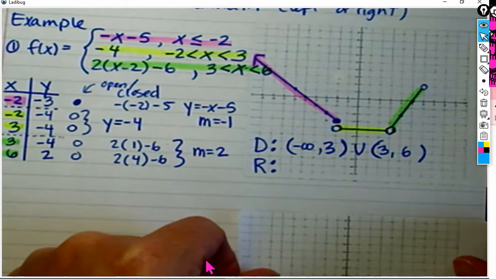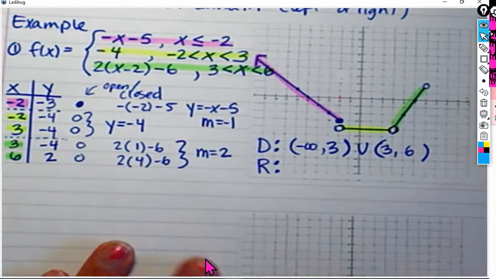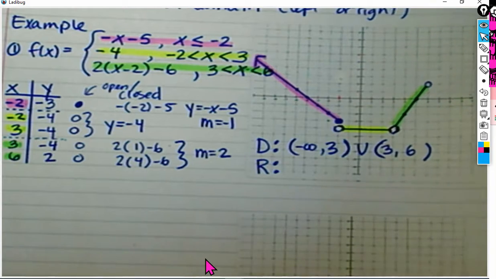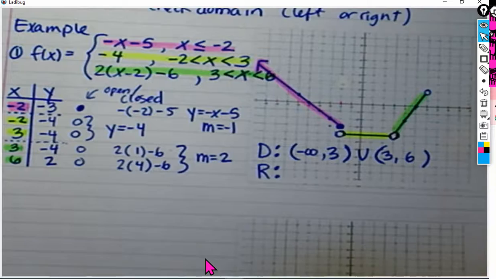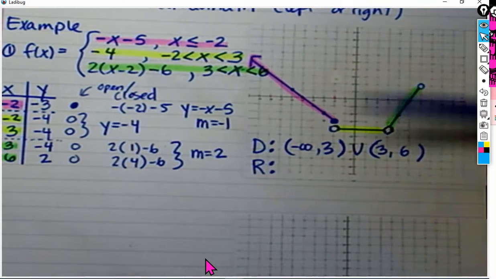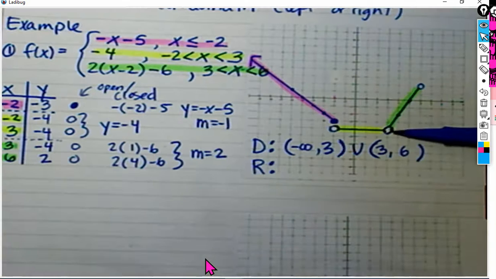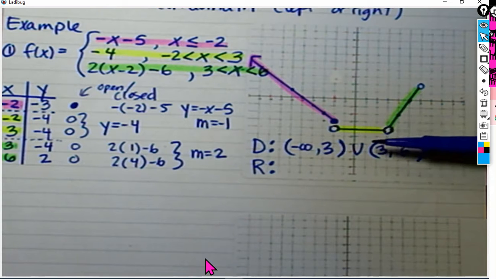Okay, last example. Oh yeah, sorry. Yes, range, here we go. Okay. Range, I'm gonna drag the horizontal line across the graph. Okay, so right here, bottom to top, I'm looking at negative 4. But notice how the open point says not included, but the solid line says included.